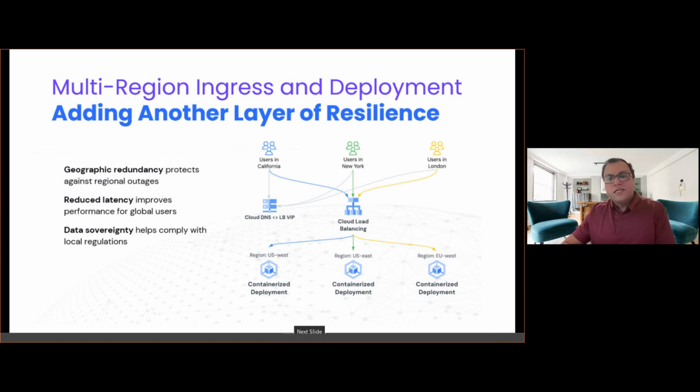Talking about data sovereignty, there are built-in features in CockroachDB where, let's say, I have a region in London in the UK and I want to keep the London data or UK data in the UK itself.